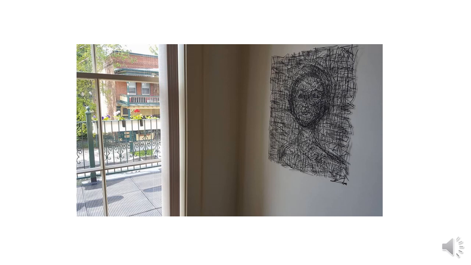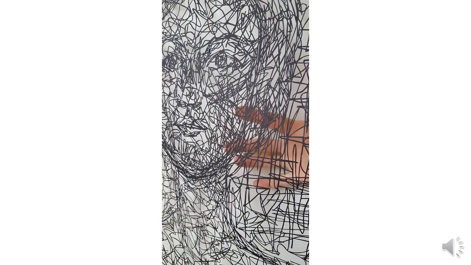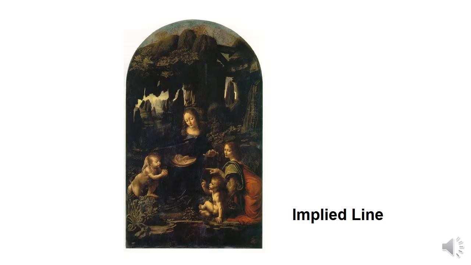Here's a close-up to give you an idea of what I'm talking about. You can see my hand back behind it. I left all the actual lines in place. So the closer the lines were together, the darker it appears, and the further apart, the lighter it appears.